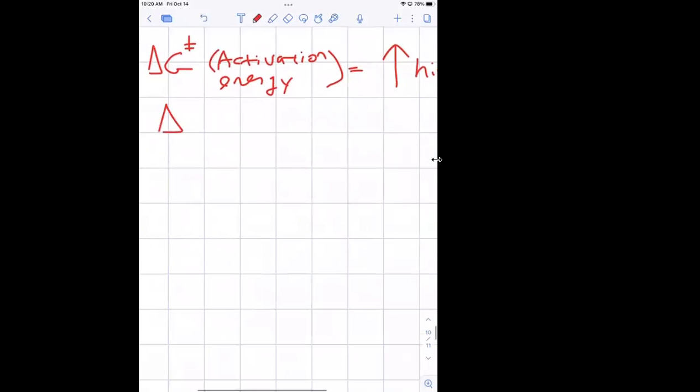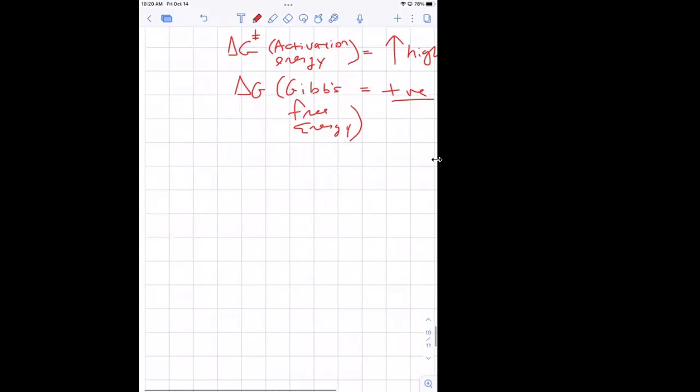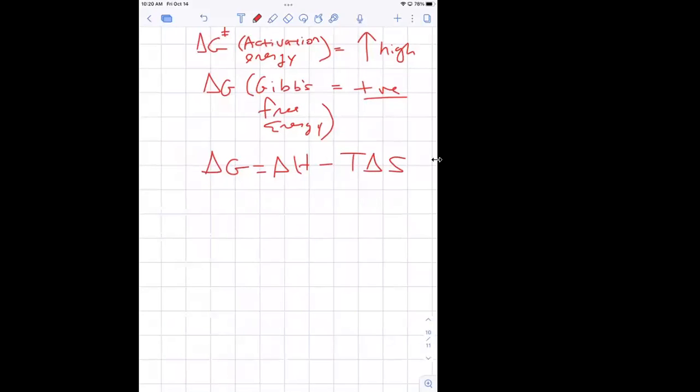Delta G, which is the Gibbs free energy, is also going to be positive because delta G and delta H are related, right? Remember this from CHEM: delta G equals delta H minus T delta S. So we negate the entropic factor.